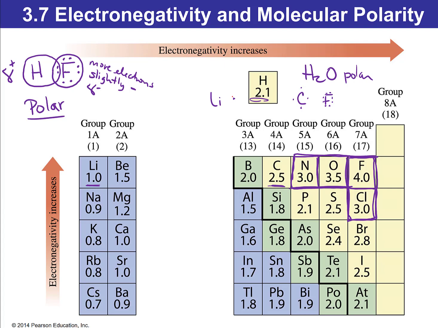The higher the electronegativity, the more the pull of those electrons, and the greater the pull any electrons around them will have. So if you have a covalent molecule and you have nitrogen, oxygen, fluorine, or chlorine, they are going to pull their electrons close, and they're going to pull electrons that they share close.